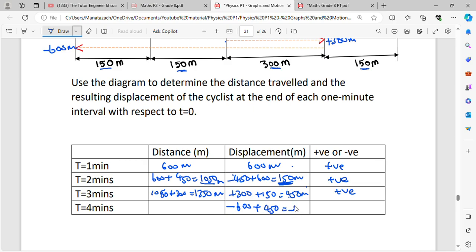It will give us minus 150 meters, which is negative. And then for the distance, you'll take the previous value 1350 and add 600, since for a distance the numbers will always be positive. So you'll have 1950 meters for a distance.